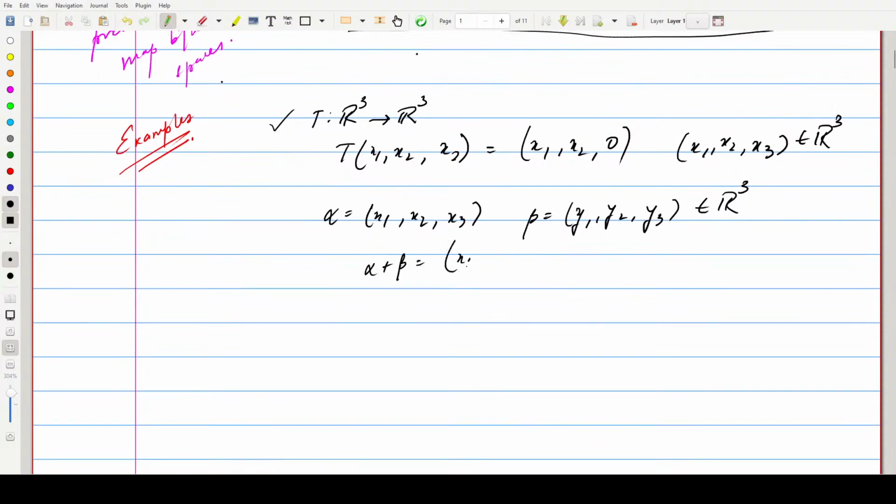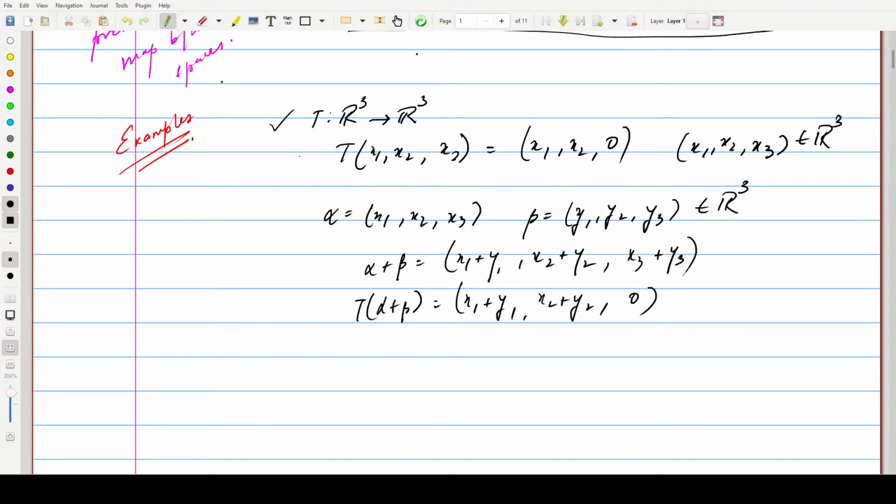So alpha plus beta is equal to (x1 plus y1, x2 plus y2, x3 plus y3). The transformation of this goes to (x1 plus y1, x2 plus y2, 0) according to the rule we have defined. That gives us (x1, x2, 0) plus (y1, y2, 0), and this is equal to T of alpha plus T of beta.